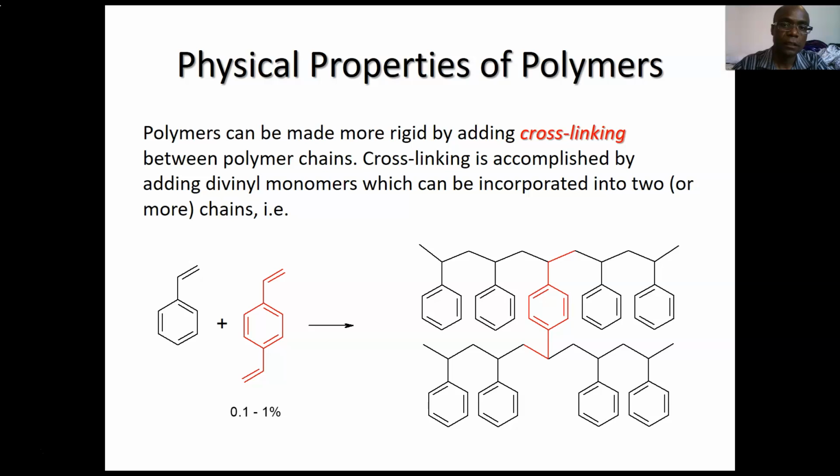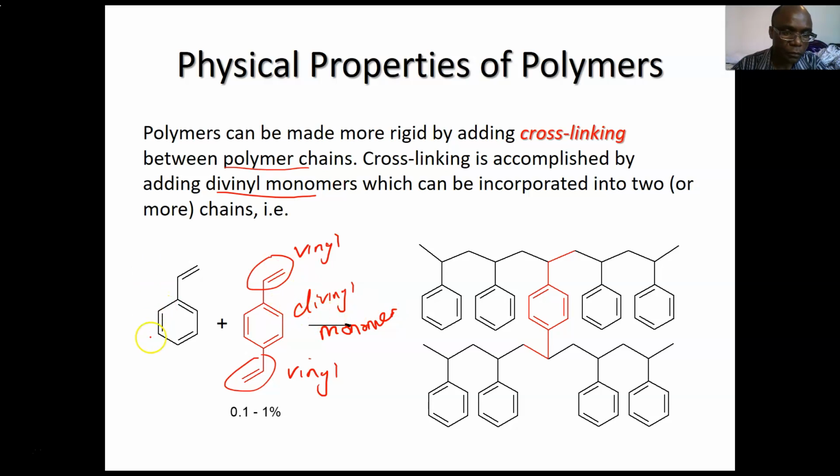Okay, the other thing we can talk about is cross-linking between polymer chains. That's done by adding divinyl monomer. Like I said, this is a vinyl group and this is a vinyl group. Okay, so it's a divinyl monomer.